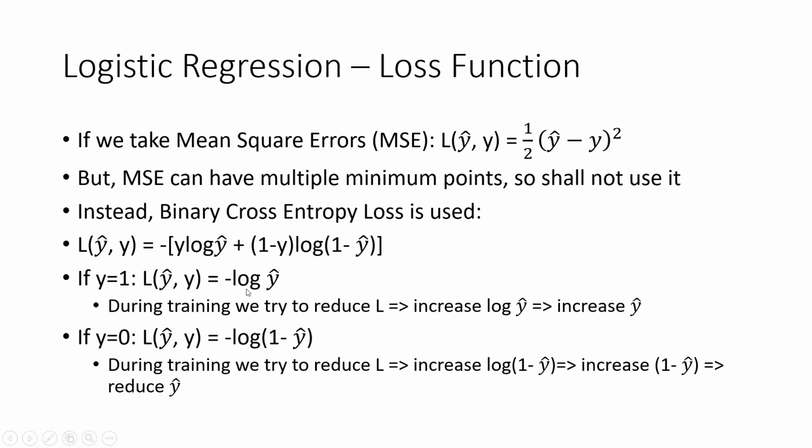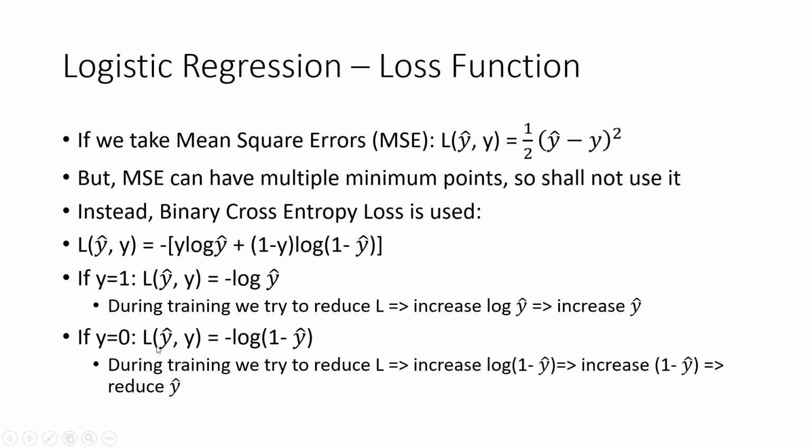Reducing this value means you are trying to increase, because this is a negative value, you are going to increase the log y hat. That means increasing y hat, right? So if y equals 1, what you are trying to do is increase the y hat.